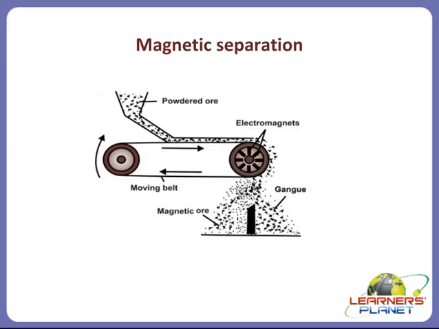So what happens? The magnetic ones move along with the roller and drop down. Whereas the gangue particles, students, just see the difference. Your magnetic ore has come till here, and your gangue particles fall and form a separate heap.